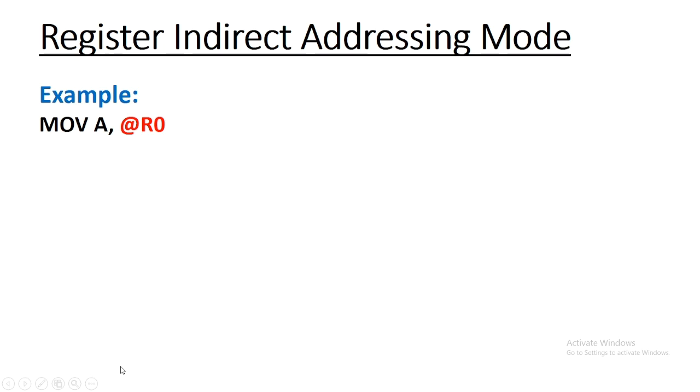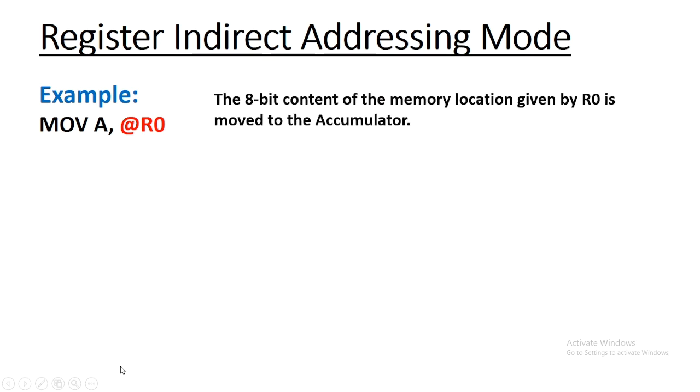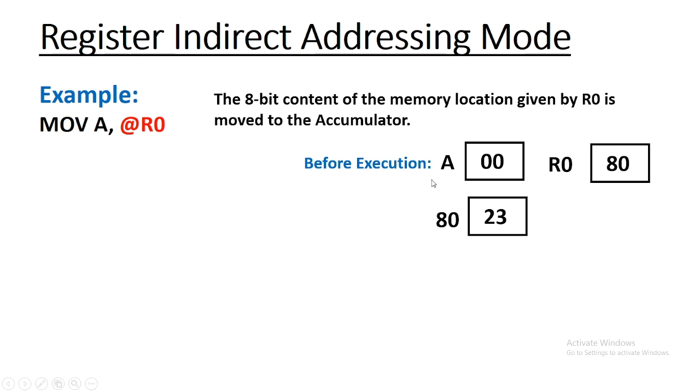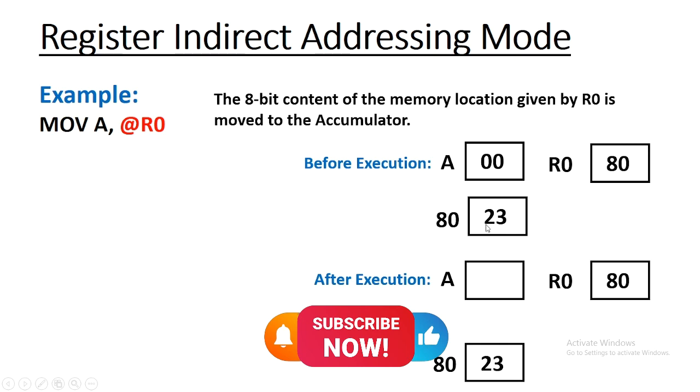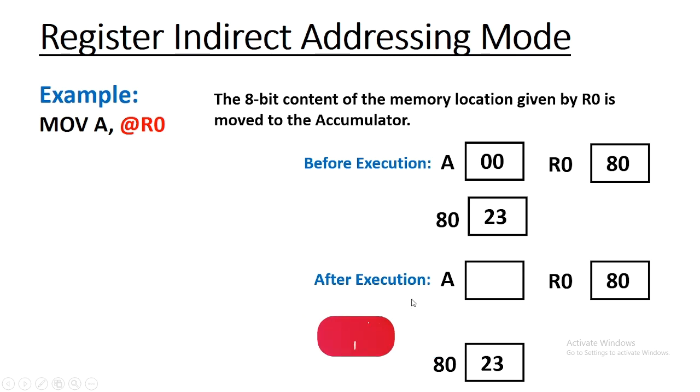So examples are here, move a comma @r0. The 8-bit content of the memory location given by R0 is copied into the accumulator. If we look at the example, before execution, I have 00 in the accumulator and 80 in R0. This 80 is the memory location, which is having 23.